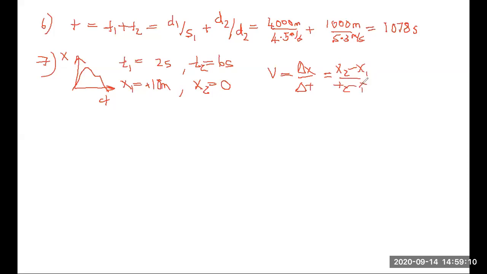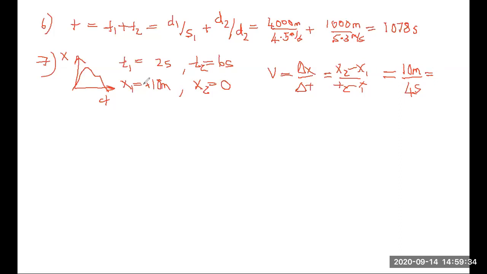It's kind of a wonky t, but it's meant to be that. In the numerator we've got 10 meters minus 0. In the denominator, 6 seconds minus 2 seconds, so that's 4 seconds.